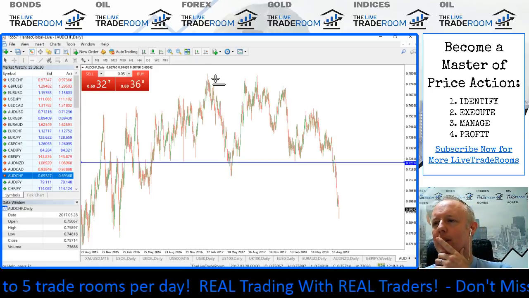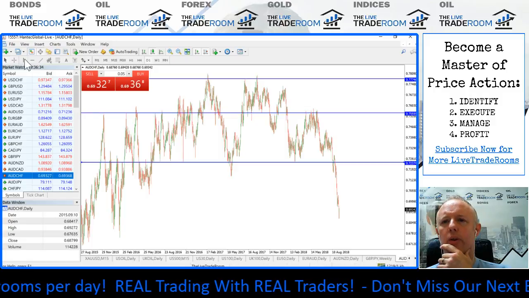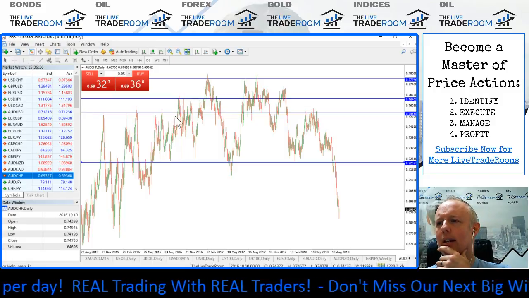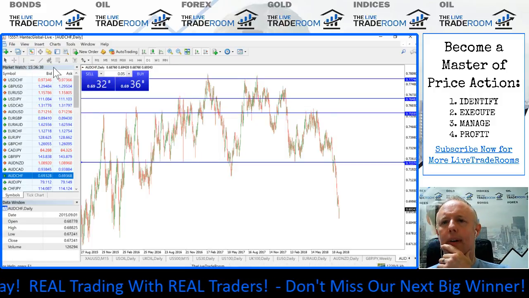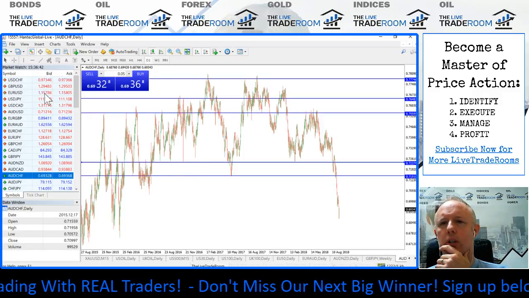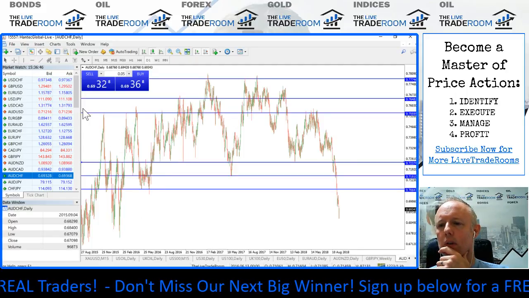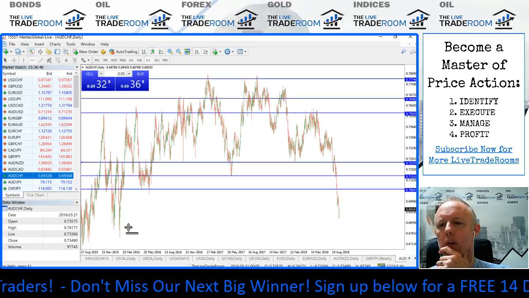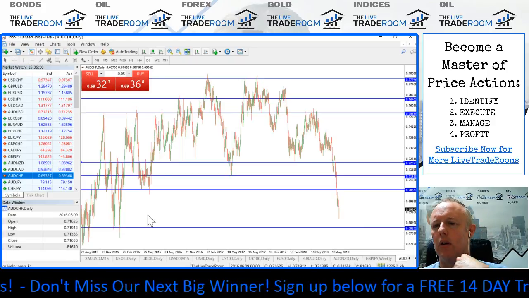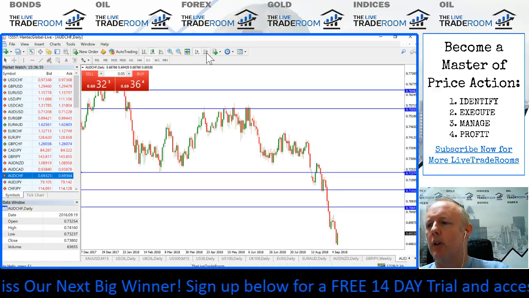Okay, so we're going to take these swing highs and significant swing lows and see how these levels stack up. So looking more closely towards this current price point. Okay, so let's zoom in a little bit.